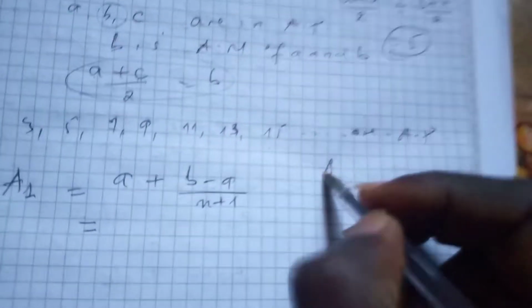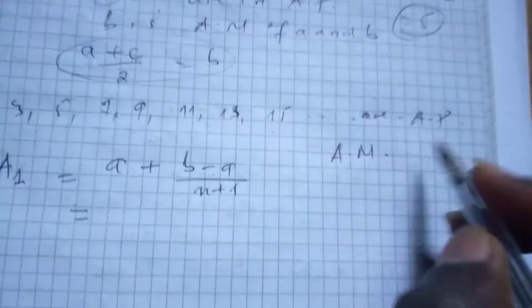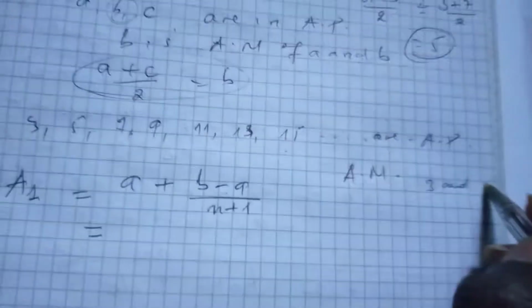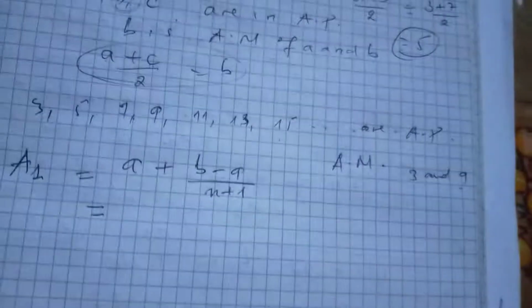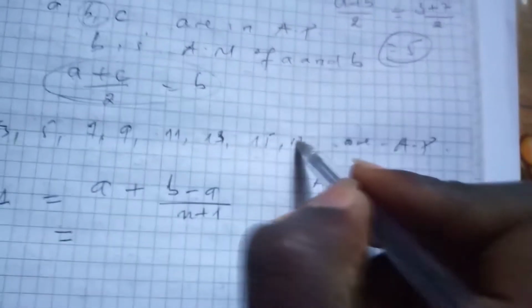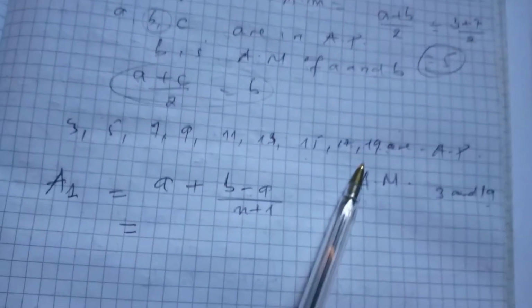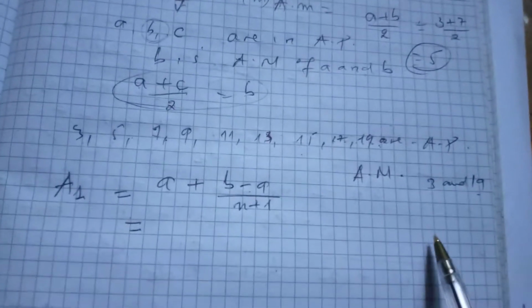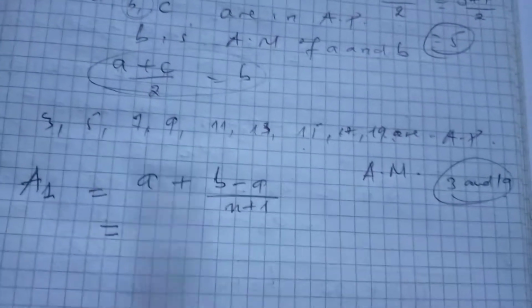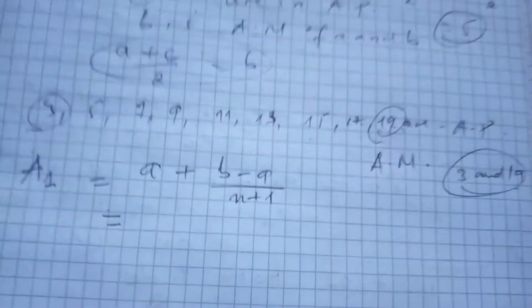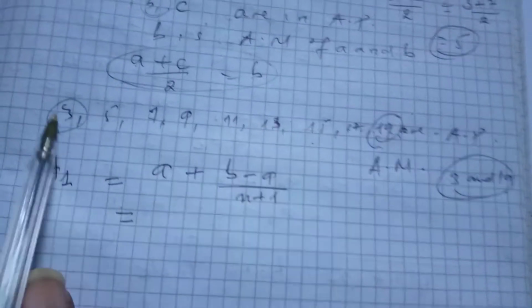The arithmetic means are in between 3 and 19. Here, if it is up to 15, then there are 17 and 19 here; these are the terms. So the arithmetic mean is in between 3 and 19. You have to add this and this, then divide by 2.